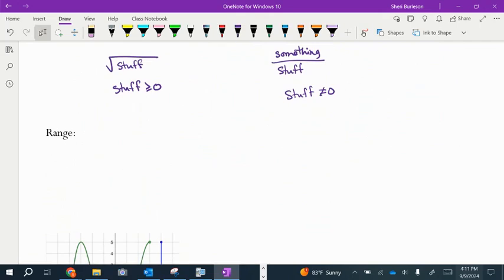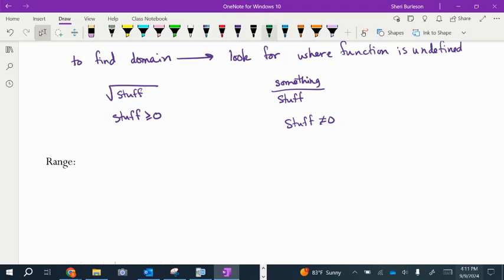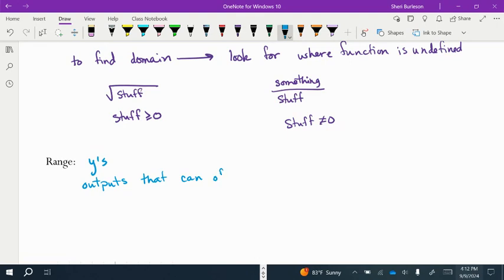Range is usually, you've probably been told, the y values. But again, we don't always write it in terms of x and y. We can write relationships or functions in terms of other variables. So to be more specific, we are talking about where the outputs are. We're looking at the outputs that can occur, and usually at this point, calculus, we use calculus to find the range.